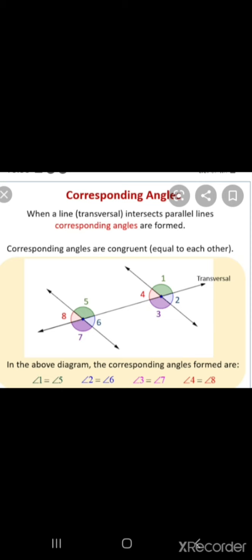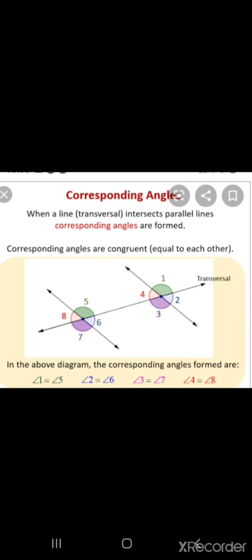When a transversal intersects parallel lines, in this picture you can see 8 angles, 4 angles at one point and 4 angles at another point. Out of 8 angles, 4 pairs form corresponding angles, meaning similar position.